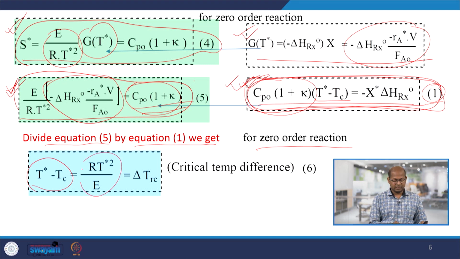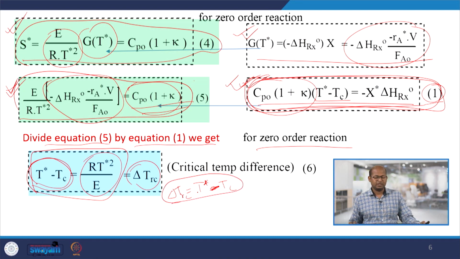So, that is R T star square by E equals T star minus T c, which equals delta T R c, the critical temperature difference. What is T star?